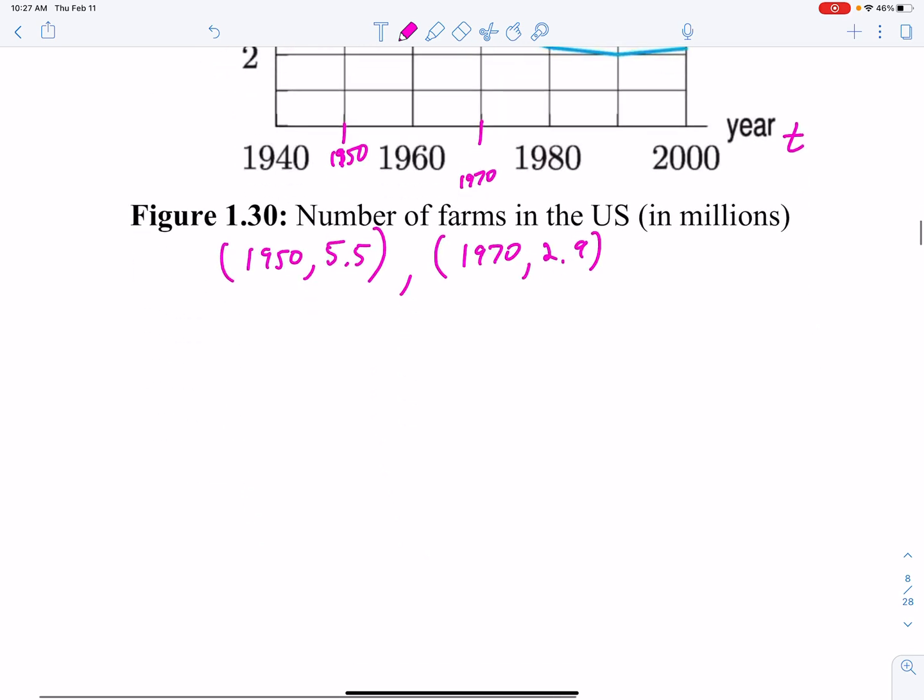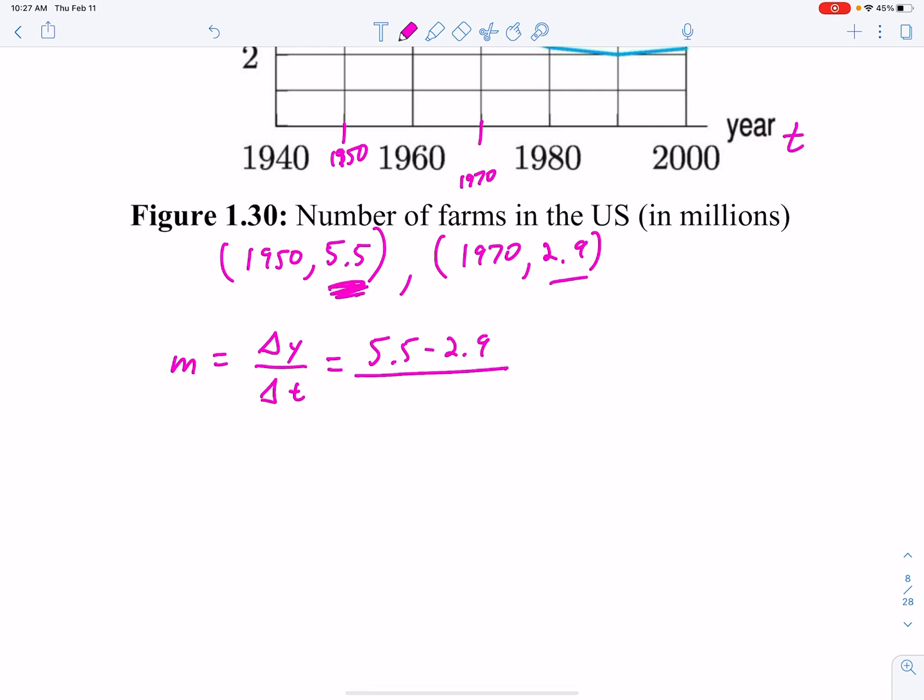From here, we just plug and chug, right? So the slope, the average rate of change, is the change in y over the change in t, right? Remember, it doesn't matter what order you put these in as long as you keep them in order from top to bottom, okay? So I'm going to do 5.5 minus 2.9 over, now since I did the 5.5 first, I have to do the 1950 first on the bottom.